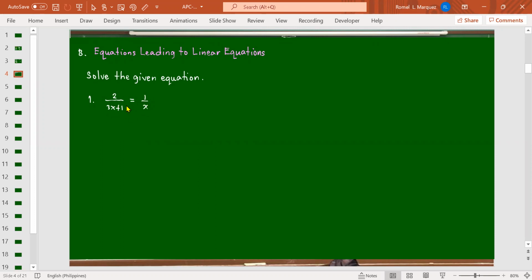This is actually a fractional equation containing variables in the denominators, no?